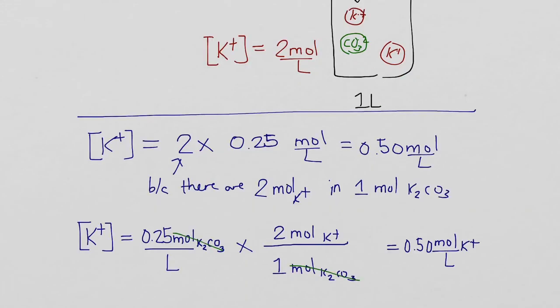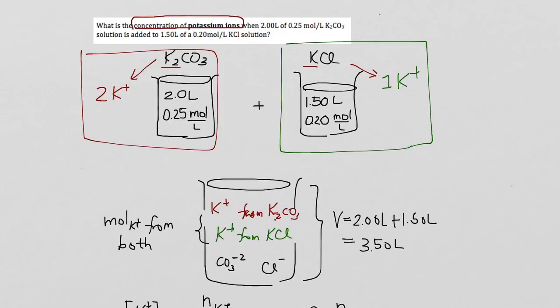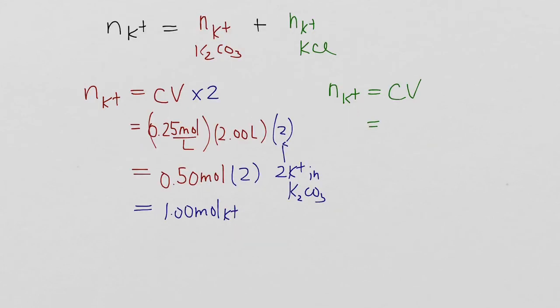Kind of like what we did here, right? So that's how we multiply by 2. This one is simpler because, well, let's look at the numbers again. What were they? They were 1.5 liters, 0.2 moles per liter. So 0.20 moles per liter times 1.50 liters.